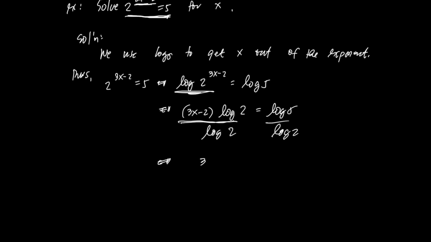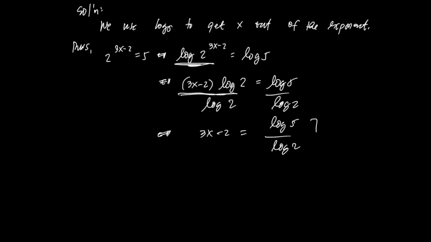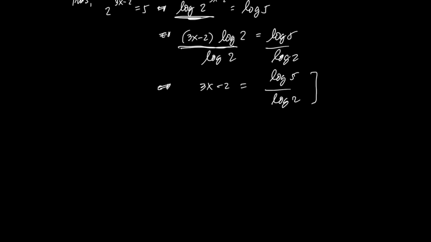We have 3x minus 2 equals log 5 over log 2. Take note, this is a division of 2 logs. You cannot express that one as log of 5 over 2. It's log of 5 divided by log of 2. And you can already find the value of that using your calculator.